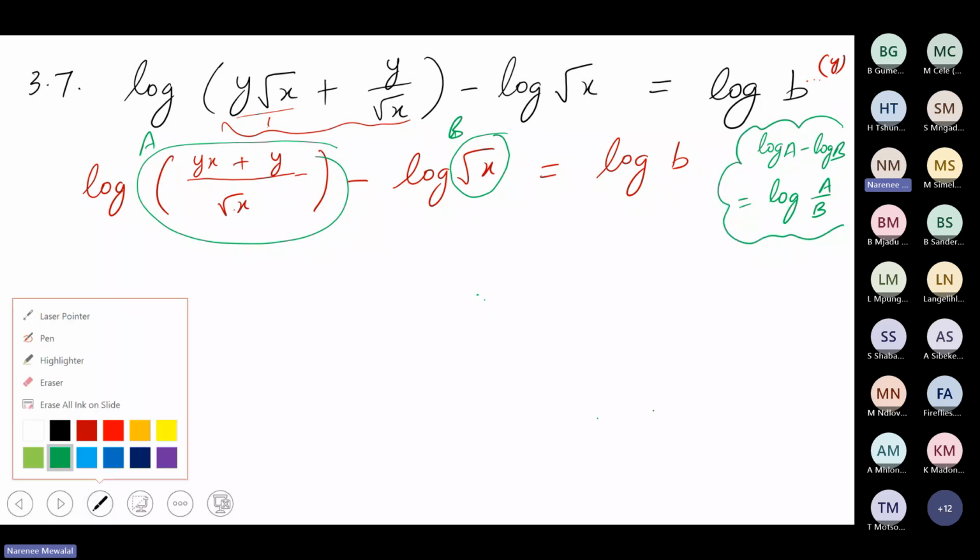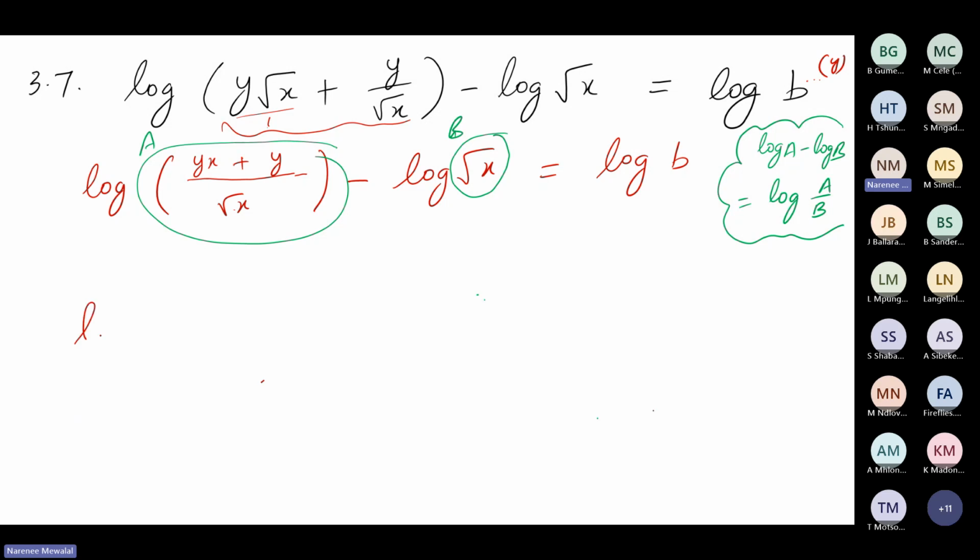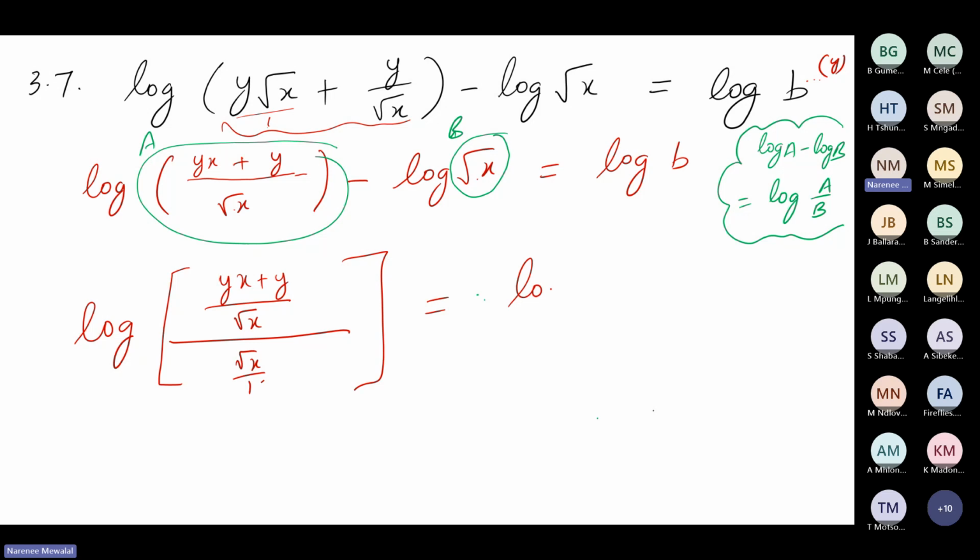And so you're going to get a single logarithm of (yx plus y) over root x, divided by this root x here, which is simply root x over 1, is equal to log, this is small letter b.